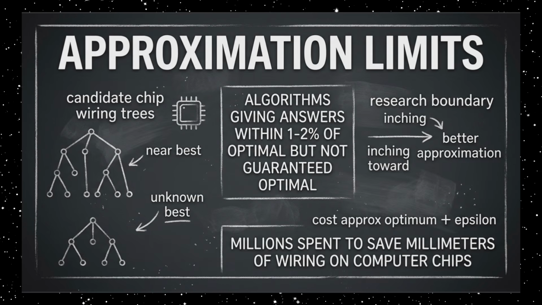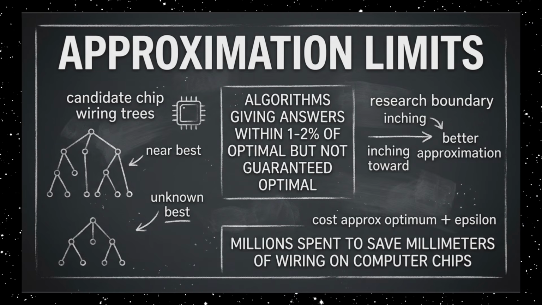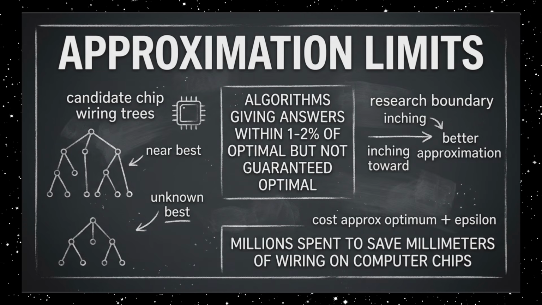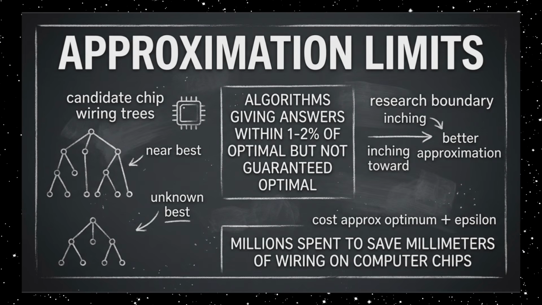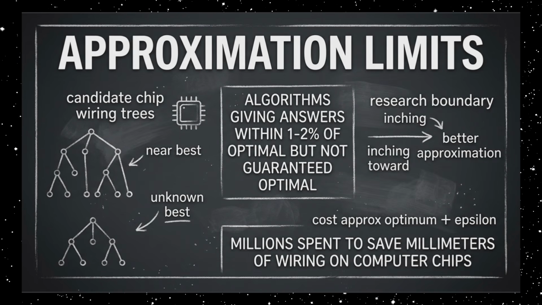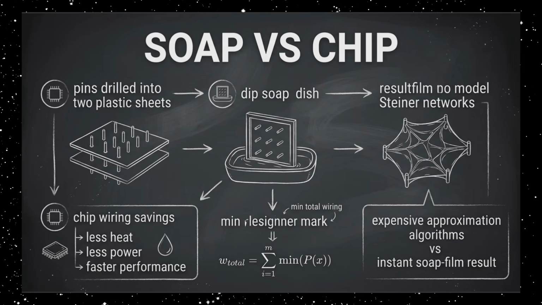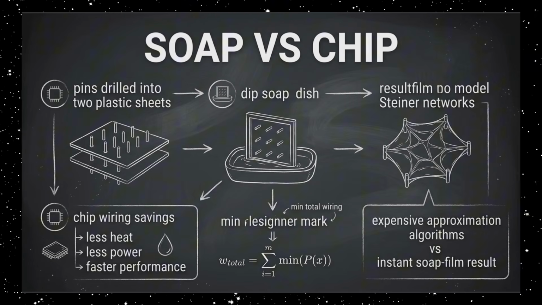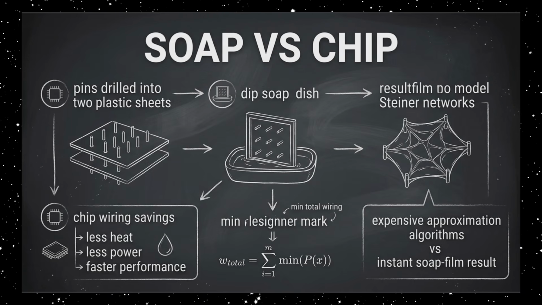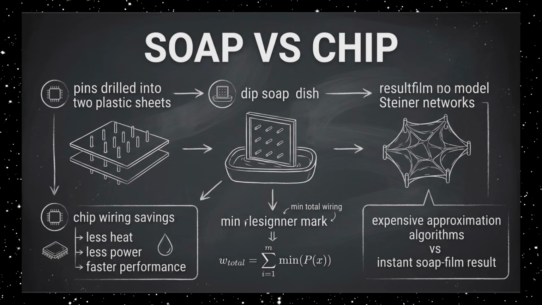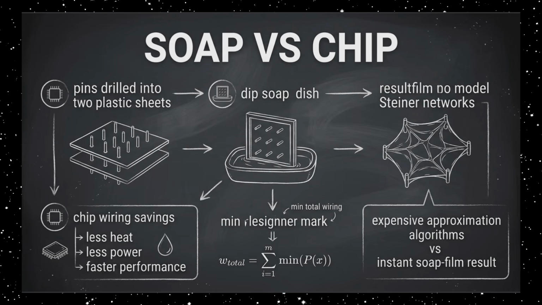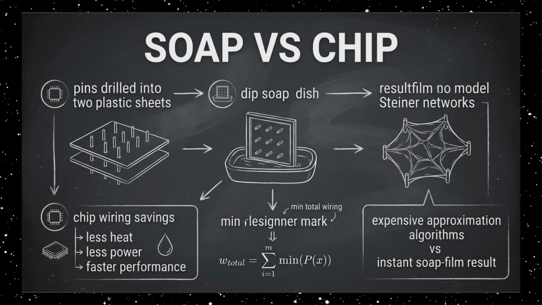Entire research careers have been spent trying to push that boundary a little further. Companies that design computer chips spend real money, millions of dollars, on approximation algorithms for Steiner trees, because every millimeter of wiring saved on a chip translates to less heat, less power consumption, faster performance, and the soap film does it in a fraction of a second.